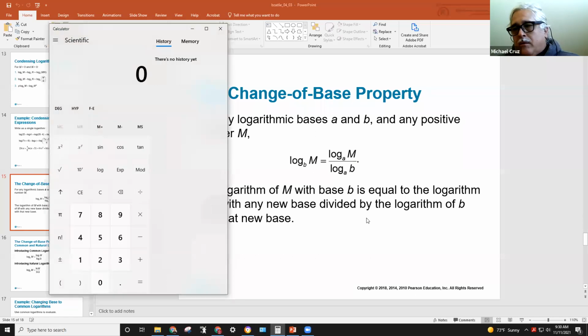Now, the big computer graphing calculators have so many things and things are all buried.